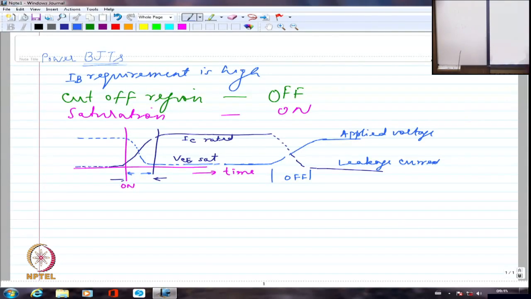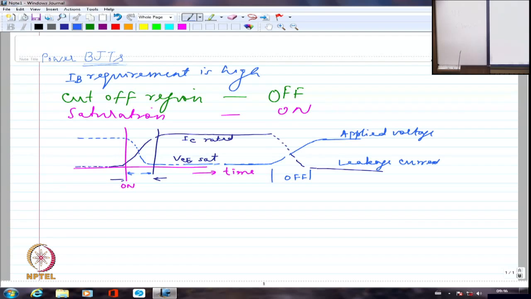That is also important. And apart from that, if we can make sure that the leakage current is smaller, then even during off condition, whatever is the incurred loss will come out to be very, very small. Similarly, if I reduce the forward voltage drop across the device, again, during on condition, the losses across the device will come down.